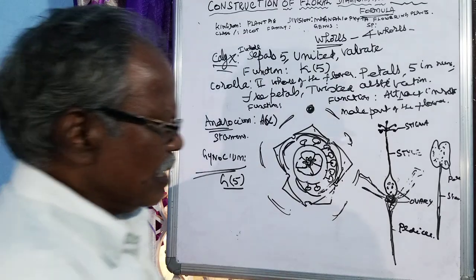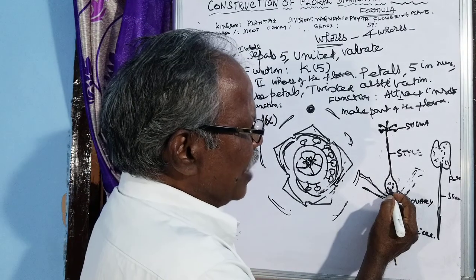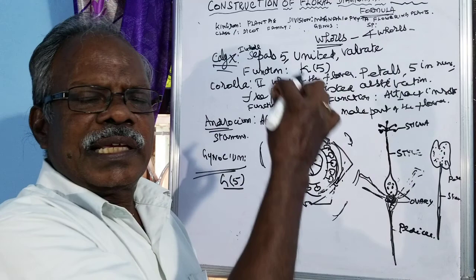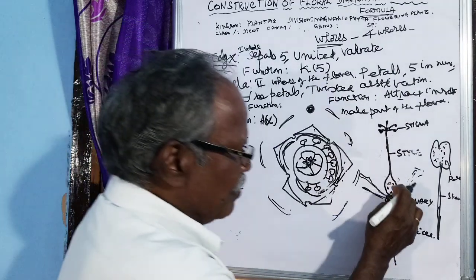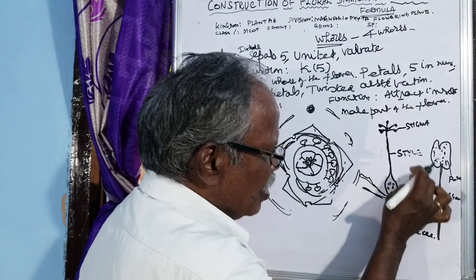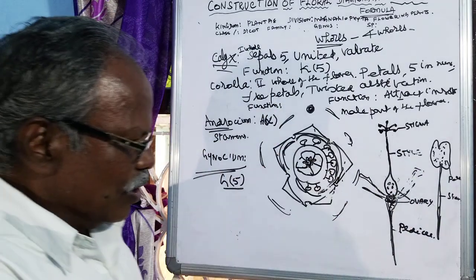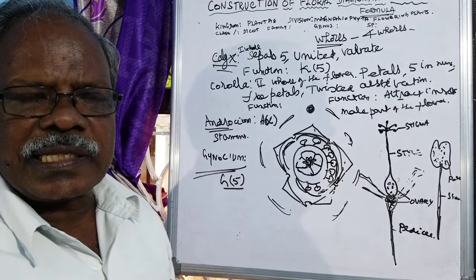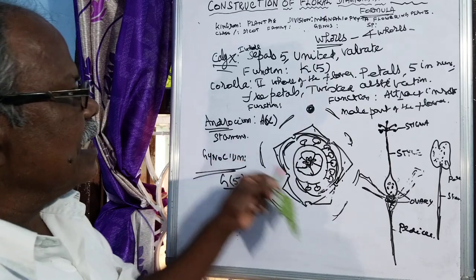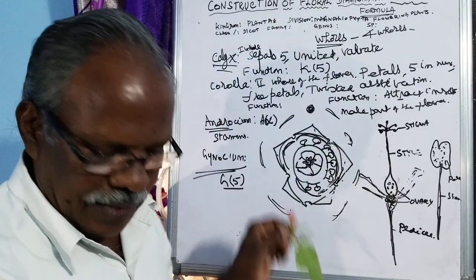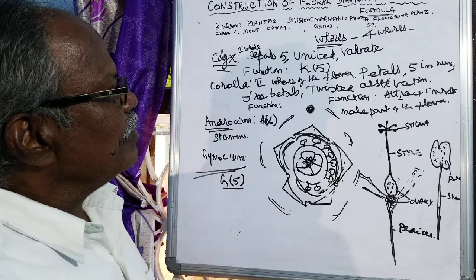Hypogynous means the gynoecium is above all the floral structures. All the floral structures are arranged below that. That is, calyx and corolla are arranged below the ovary. That's why it's called hypogynous. So these things we have to mention in the floral diagram.